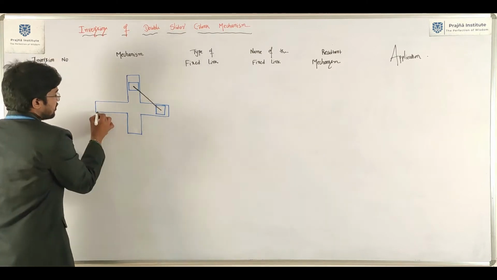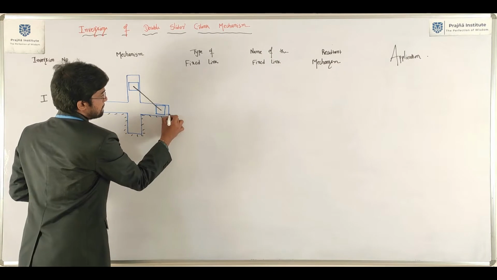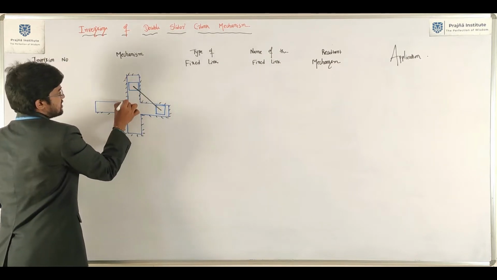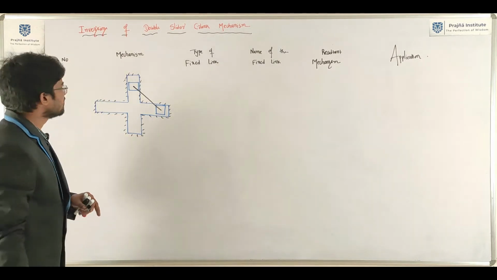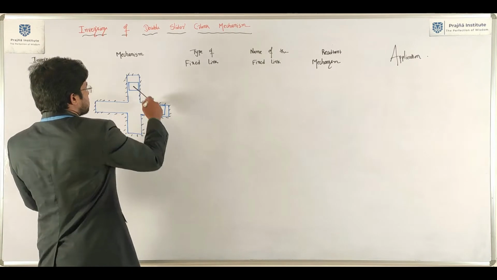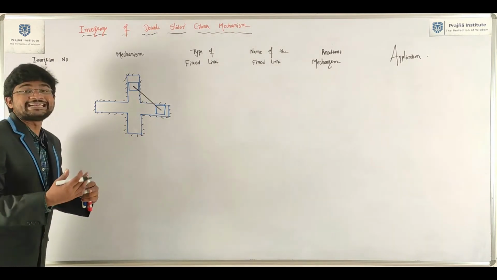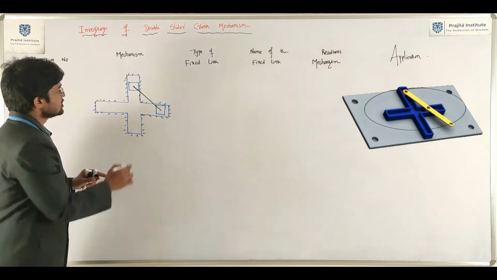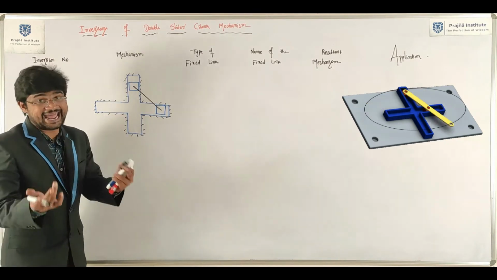Here we are fixing the slotted plate. Of course, the coupler link is the shortest link. The slotted plate is opposite to the shortest link. The shortest link is what? The coupler link. You can call it a crank.